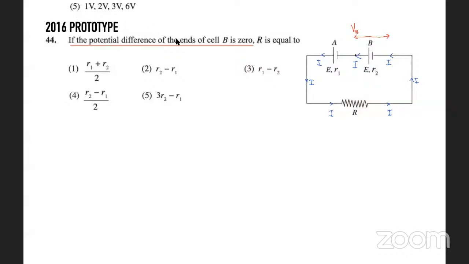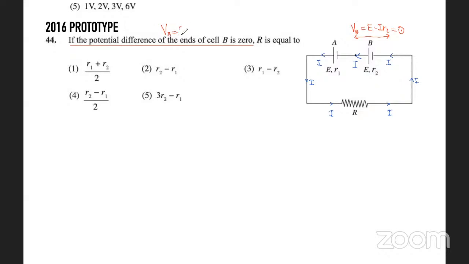Hope you can remember that. So, instead of VB, I can say E minus IR2, correct? E minus IR2, and in the question they have told VB is equal to 0. VB means the potential difference across the ends of the cell. That's something we discussed last week.